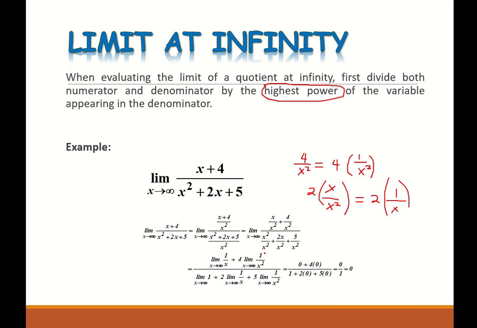We already know that as x approaches infinity, this becomes infinity squared, which is still infinity. Then 1 divided by infinity would be 0. So 4 times the whole thing becomes 0.